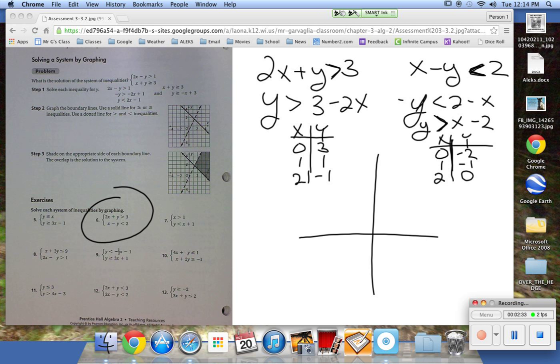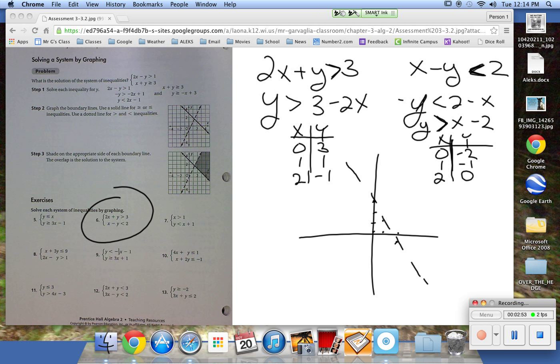So in this one here, it's 0 and up 3. We have 1, 1, and we have 2, negative 1. So our line is going to look something like this.